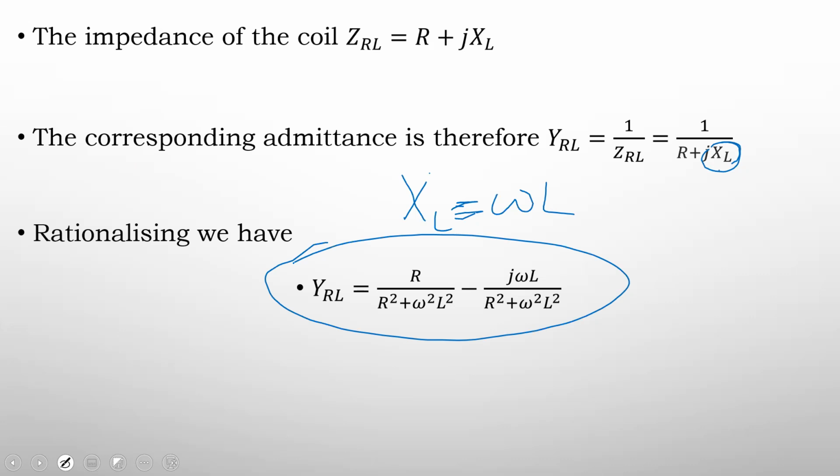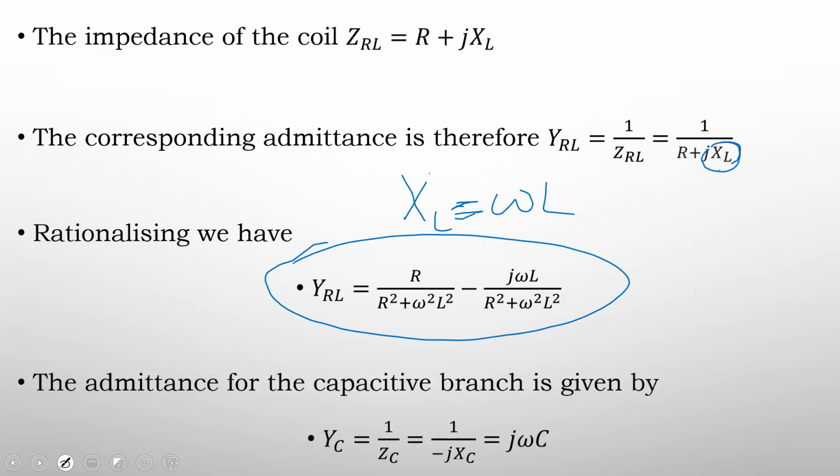If I now look at the capacitive branch, so ZC would be equal to minus jXC. Again, we rationalize, so I would multiply by jXC. So I end up with jXC over XC squared, okay?